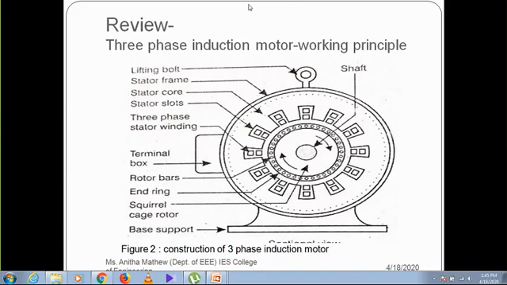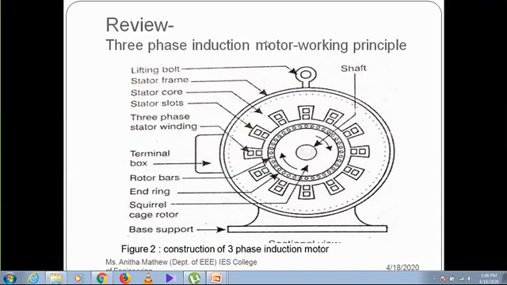When we are giving three-phase supply to the stator conductors, a rotating magnetic field will be developed, and the stationary rotor conductors get cut, and EMF will be induced in the rotor conductors, and induced current will be produced.